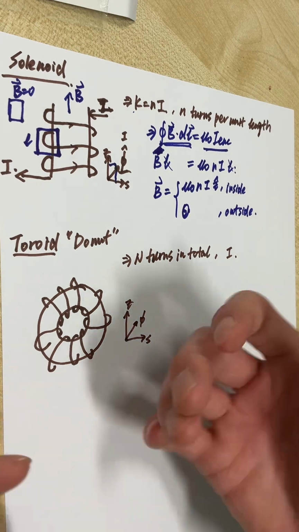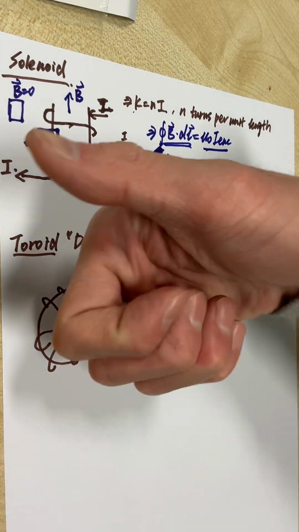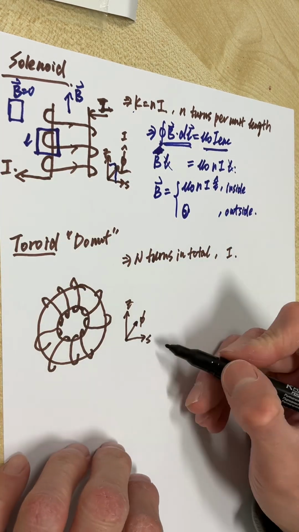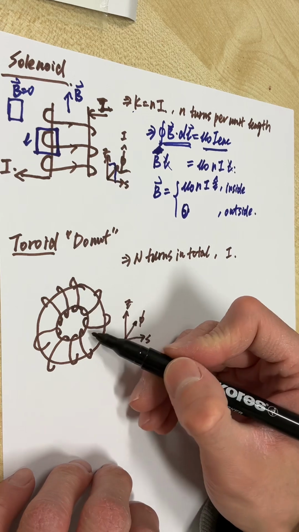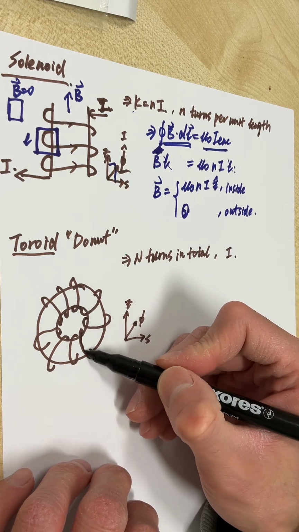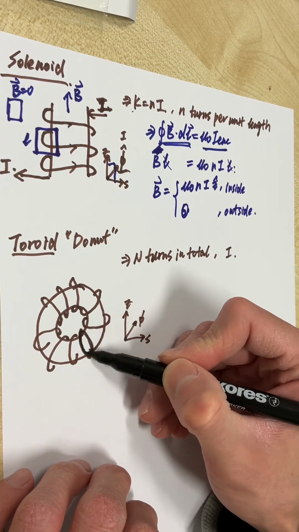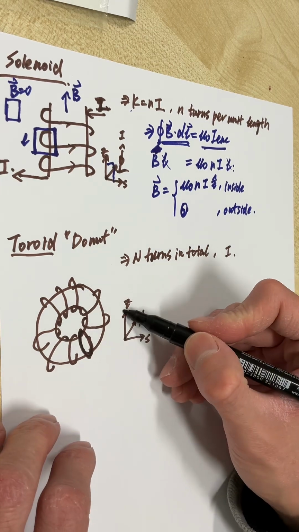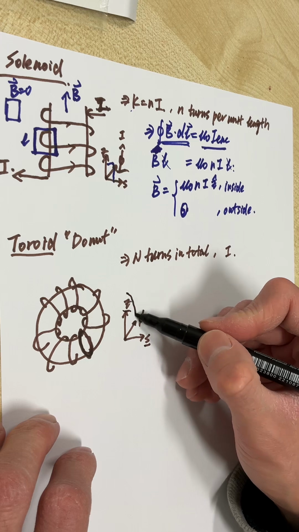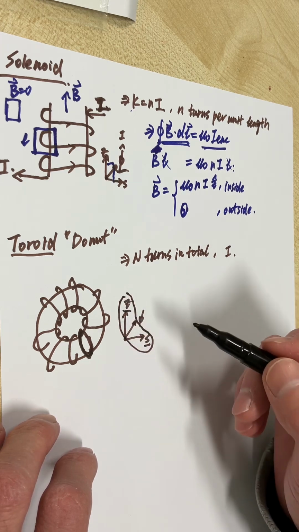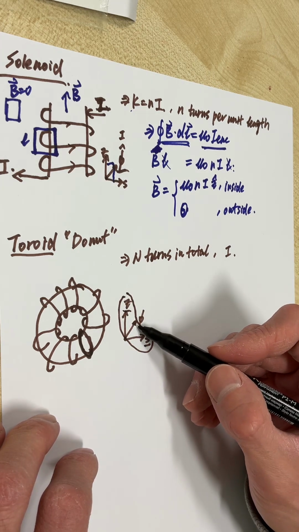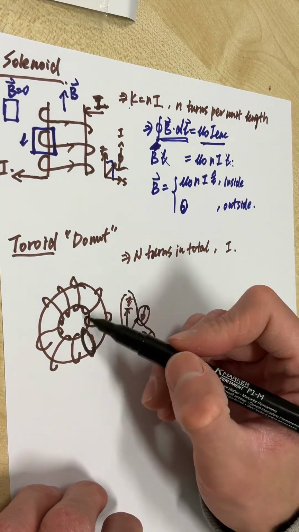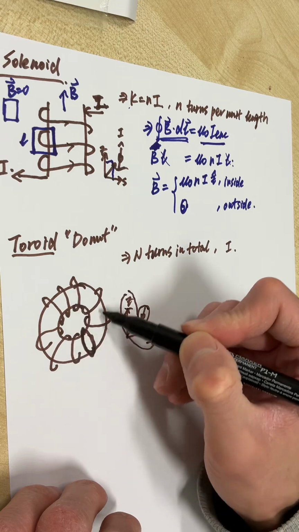Basically, you can see the current flows like this, which means the current is flowing on a plane, like if you have a cross section here. If you have a cross section here, the current just flows like this. So this is the ZS plane. So the current flows in this ZS plane, so the magnetic field can only go in the phi direction. It can only go like a circle.